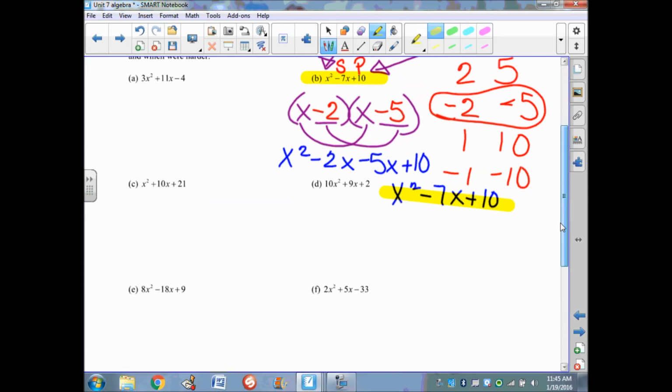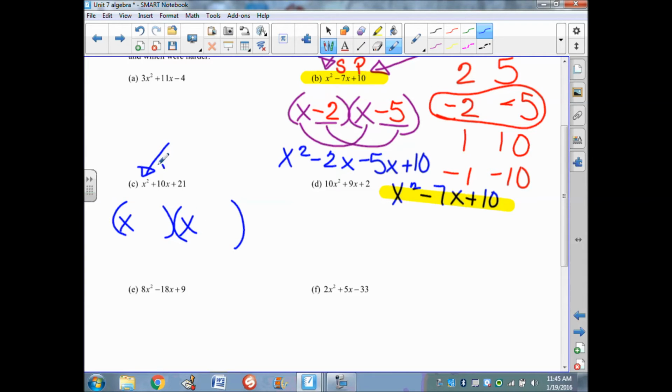Let's hop down to letter C. This isn't going to come the first time, so just be patient. I've got a trinomial. Where did that trinomial come from? What two products did it come from? Well, I know x times x gives me x squared.